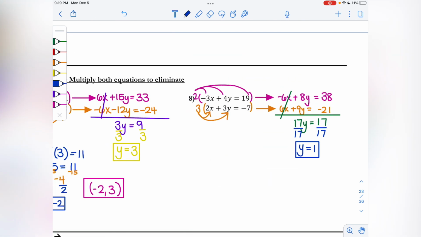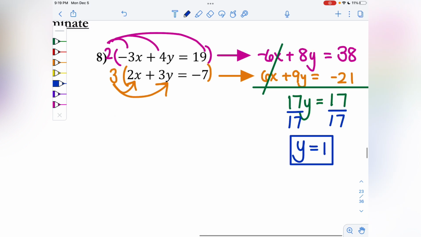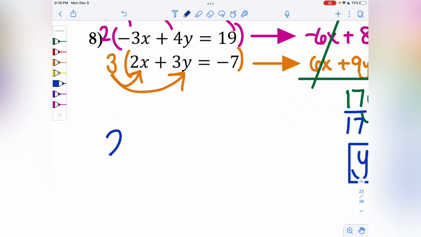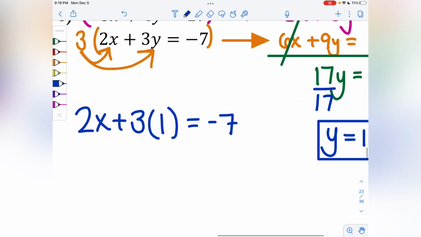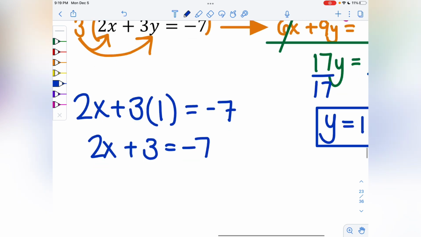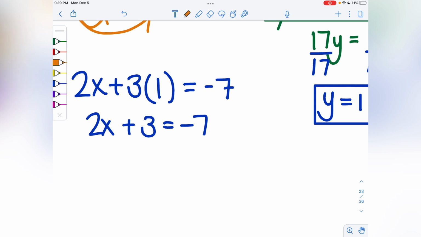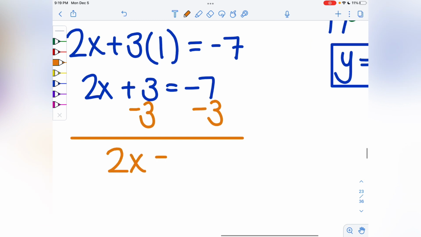Now we just have to go back and solve for x. I'm going to plug back into one of the original equations. The second one looks easier to me. So that's 2x plus 3 times 1, which is y, equals -7. So 2x plus 3 equals -7. Subtract over the 3. That gives me 2x equals -10.